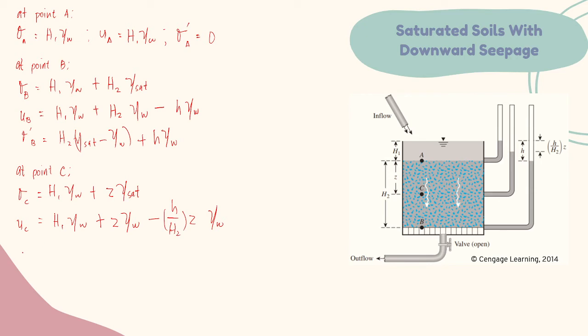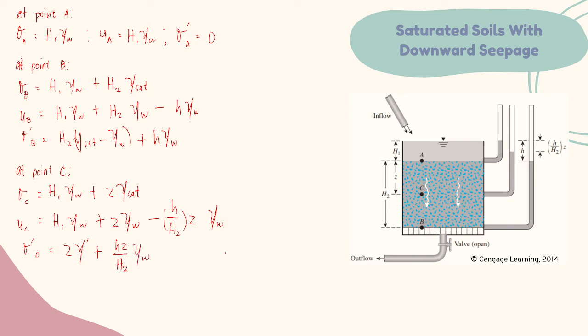So our effective stress at point C is equal to Z times the buoyant unit weight plus H times Z all over H sub 2 times the unit weight of water.